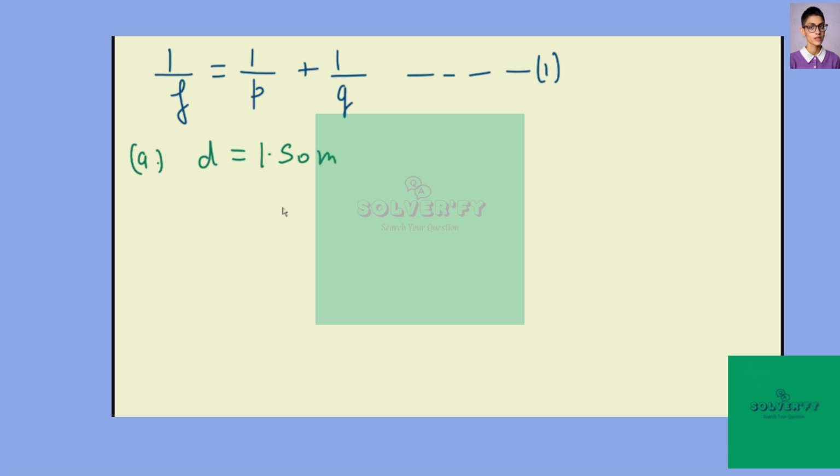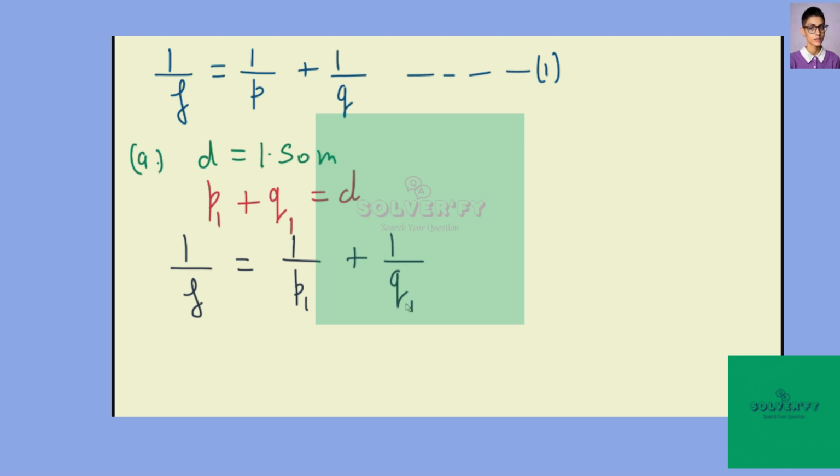Now here, if P1 and Q1 are the object and image distance, and since a real image is forming on the bowl, then P1 plus Q1 is equal to D. Now, using equation 1, we get 1 divided by F equal to 1 divided by P1 plus 1 divided by Q1.